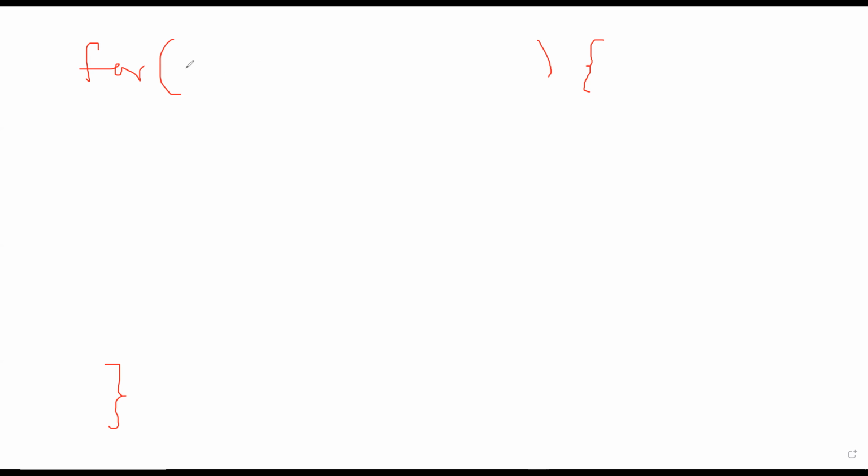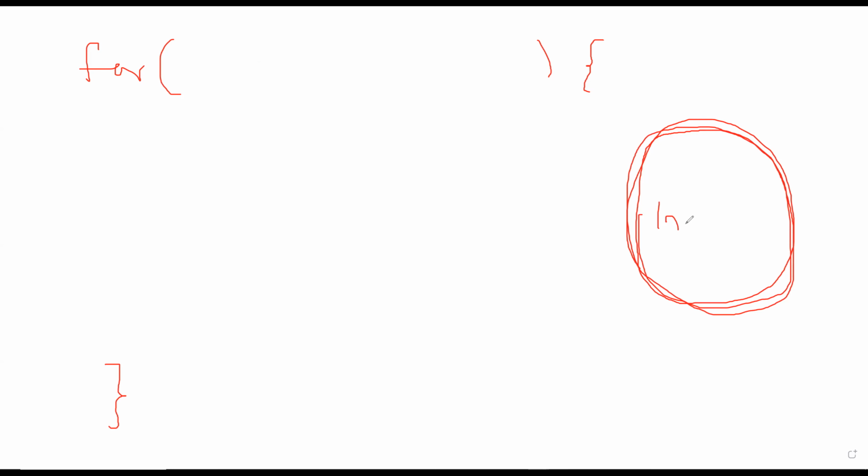So there are three things you need to consider when you are dealing with loops. If you do not consider those things very well, you will end up in what is called an infinite loop. You just continue going round and round indefinitely. So we call it an infinite loop.